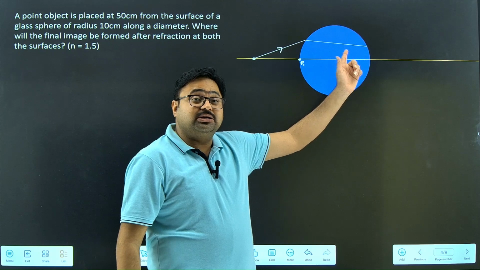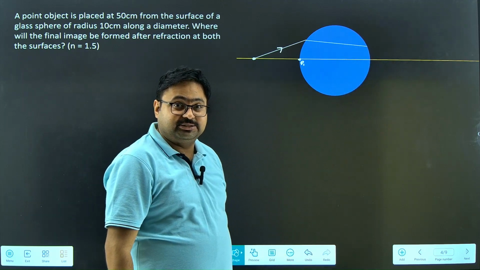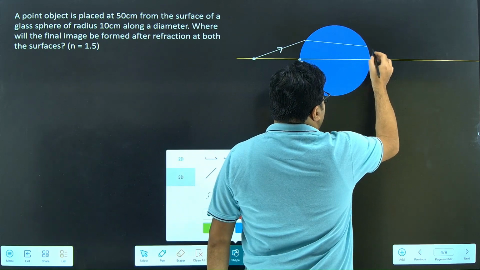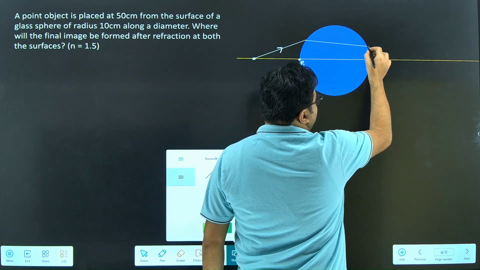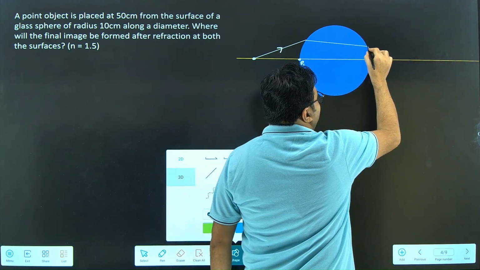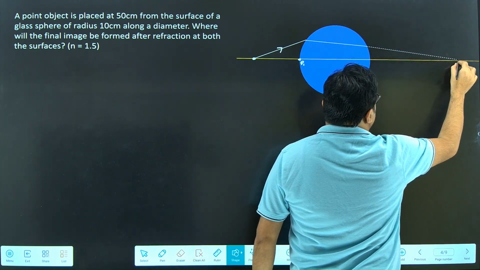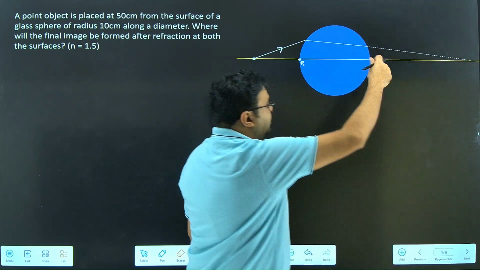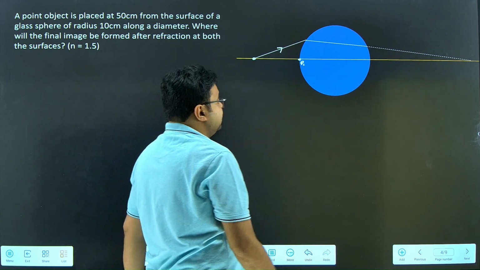It's going to undergo refraction at the second surface. But in case it does not, then, my dear friends, if the ray of light did not undergo refraction and the medium of glass had continued, then the ray of light also would have continued something like this and probably had formed an image there.